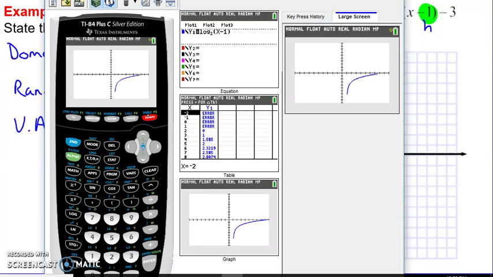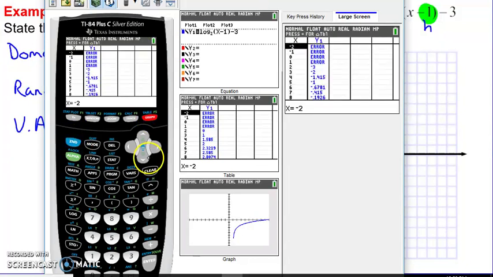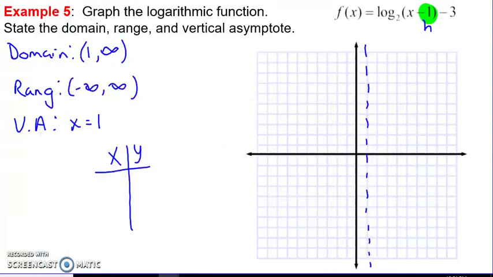So notice how our graph looks. When I click second graph and pull up my table, notice how all the values that are above 1 are the values that we want to use for our table. So I may choose 2, 3, maybe 1.5, and maybe up to about 5. So in my X table, I'm going to do 1.5, 2, and 3.